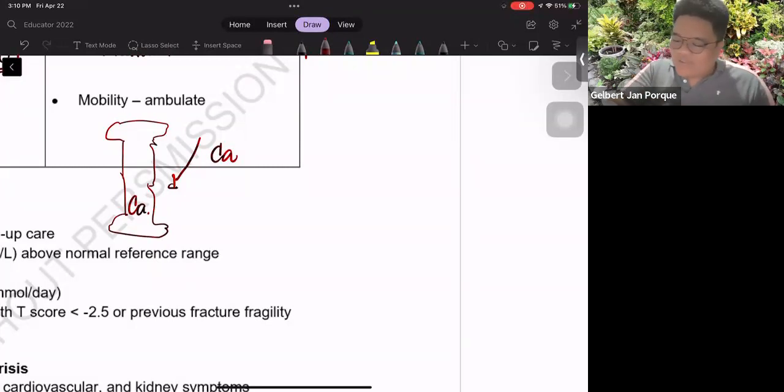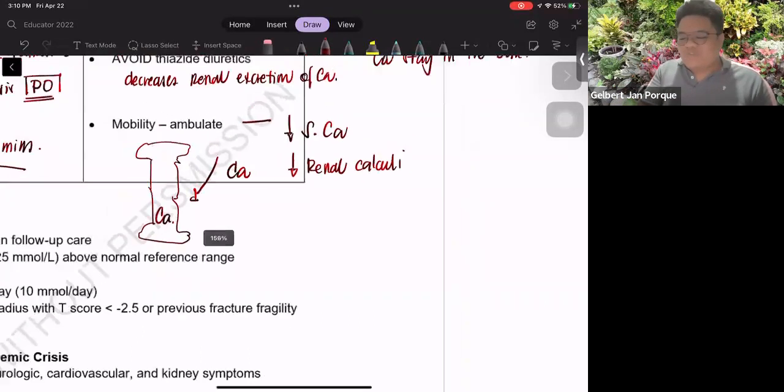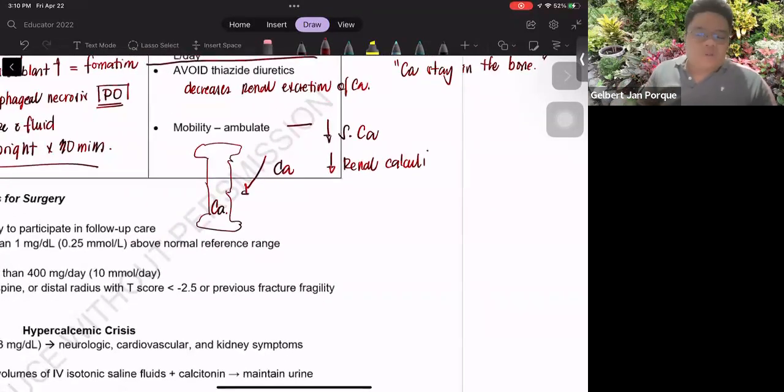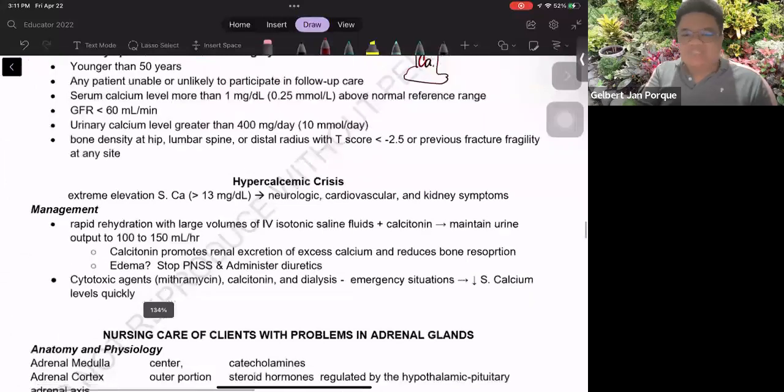Okay, so class, ang overall effects ng ambulation, it would decrease your serum calcium. Because it decreases class your serum calcium, nag-decrease pa siya class sang renal calculi. Okay, or your kidney stones for that matter. Okay, so those are class the effects of your mobility. Later on, when you will be learning musculoskeletal, ma-realize nyo na kadamo gitpiyasang mabuligan class kung nagahulag ang pasyente nyo.